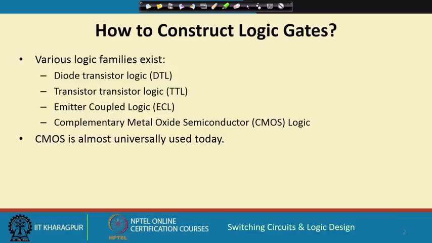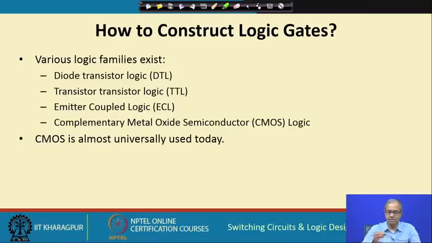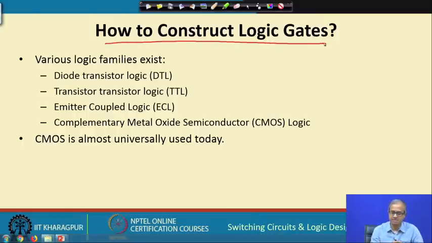So, today in this lecture we shall be talking about the issue of logic families, which means how to construct logic gates, so that they may be used in circuits. Now, there are various logic families which have been used, conventionally techniques like diode transistor logic, transistor logic, emitter coupled logic.